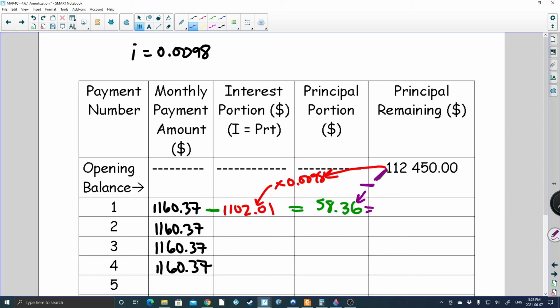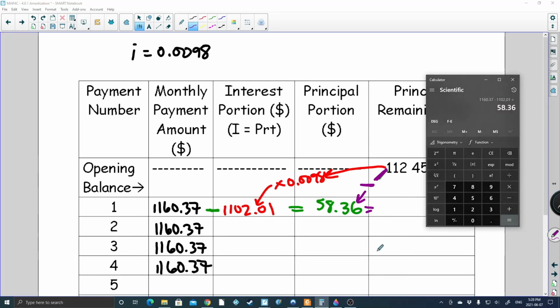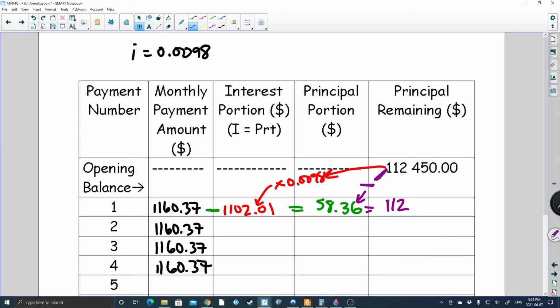So I'm going to subtract those two amounts. And that gives me $112,391.64, which is a little bit less. All right. And then I start over with the new principal amount.